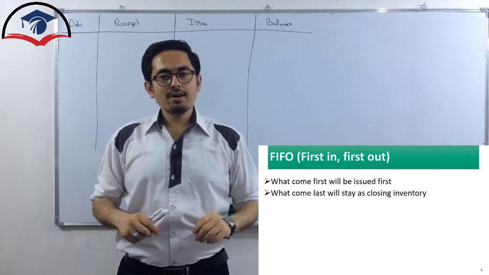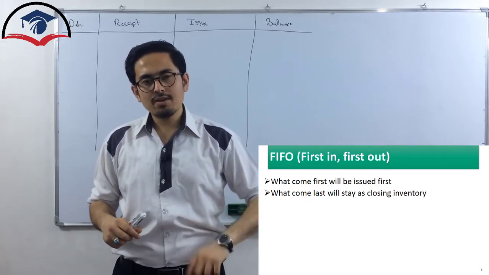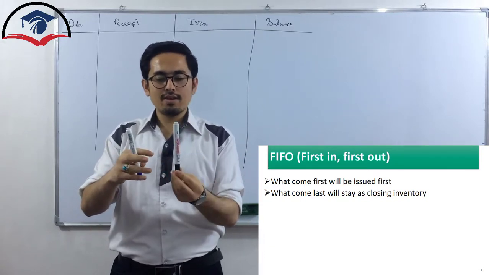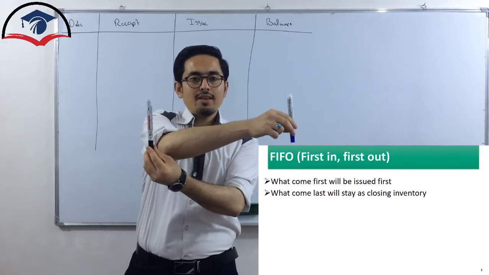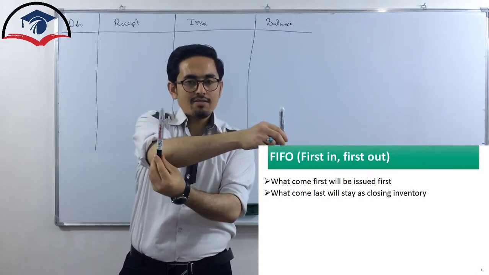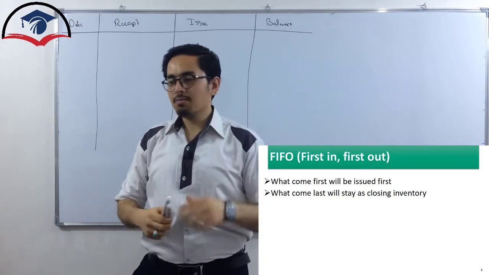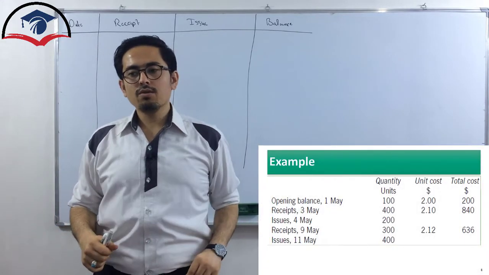So what comes last will stay as closing inventory. Remember that. If I purchase this one first and the second one second, then I will issue the first one, and what will be pending in stock will be the last one. The last to come will go last. Remember this point. Let's go directly to an example and it will clarify the idea.